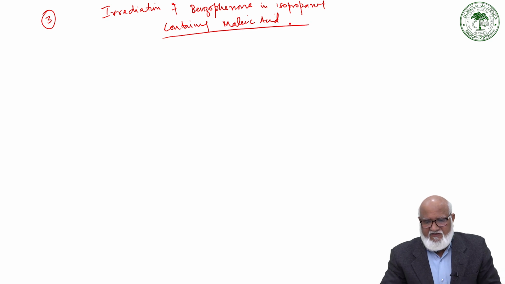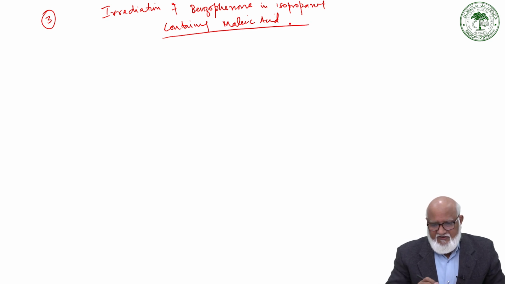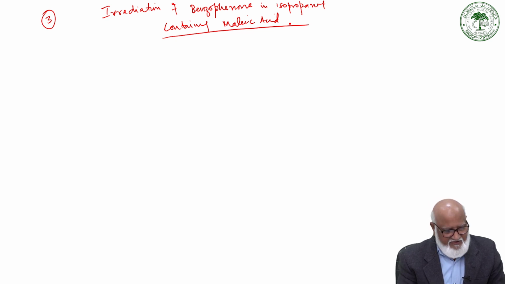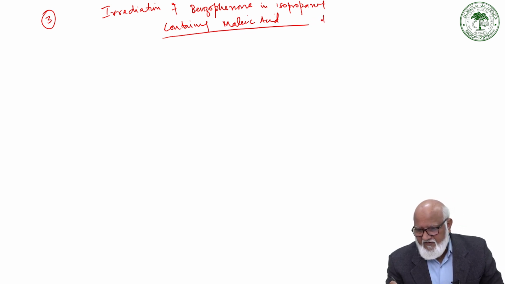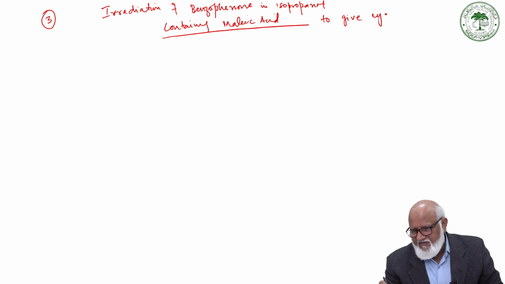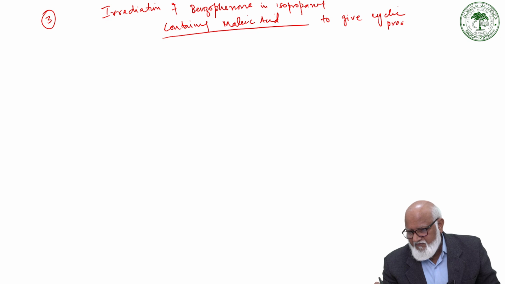So you can see that the maleic acid adds to the ketyl radical to give a very interesting cyclic product, which is a lactone.